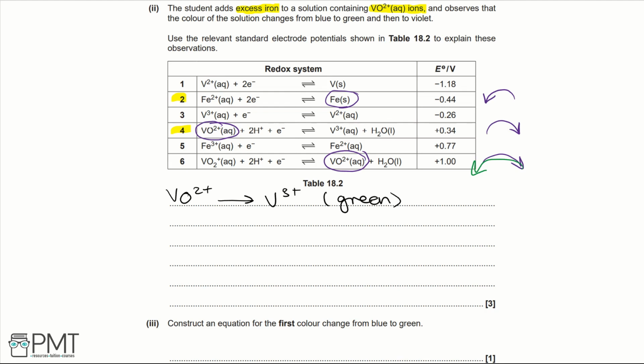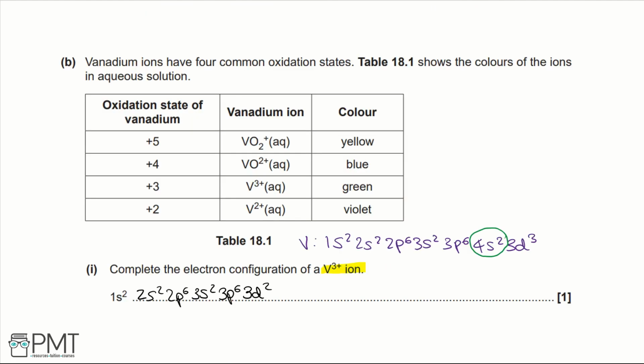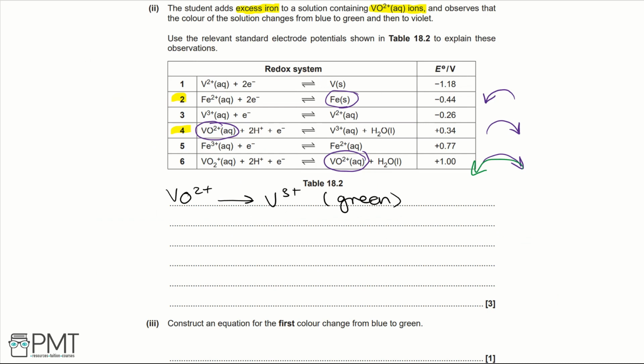We know it's a green solution because, referring back to table 18.1, the V3+ ion is green, and we're starting with our VO2+, which is blue. So it's a blue to green colour change.